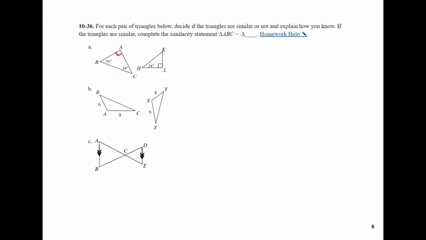I then know that I have angle similarity, but remember, when your angles are similar in your triangle, it doesn't prove they're congruent, but it absolutely proves that triangle ABC is similar to triangle LKH.